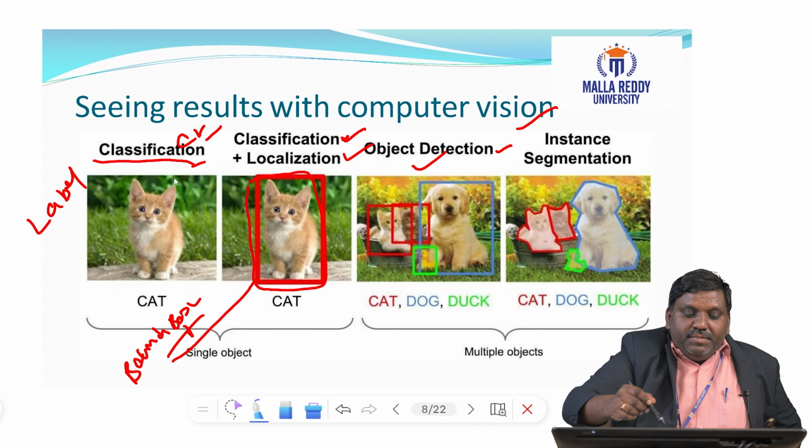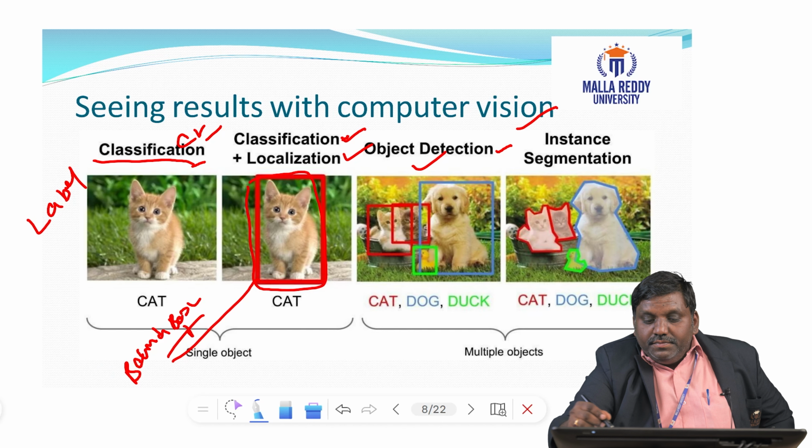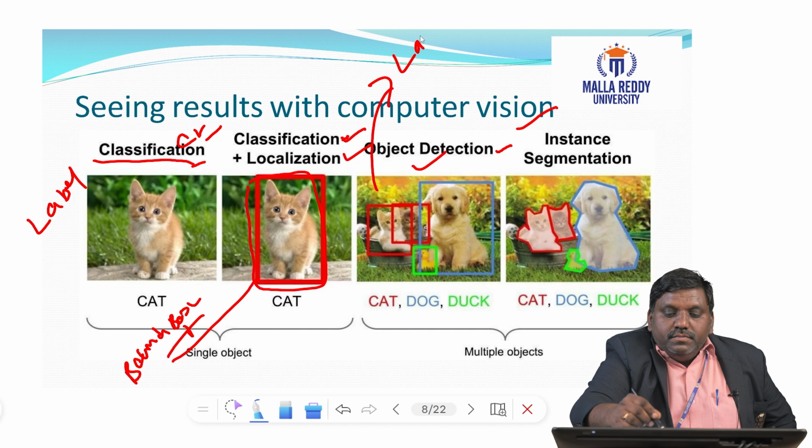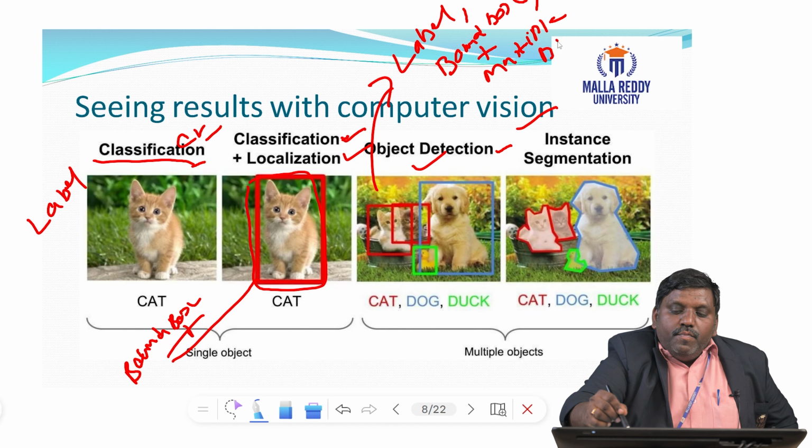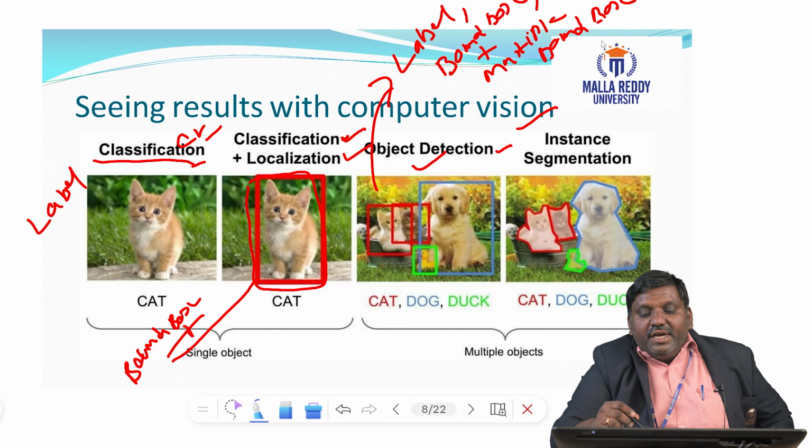Here we are using the same two concepts: a label, comma, bound box, and here multiple bound boxes are recognized.